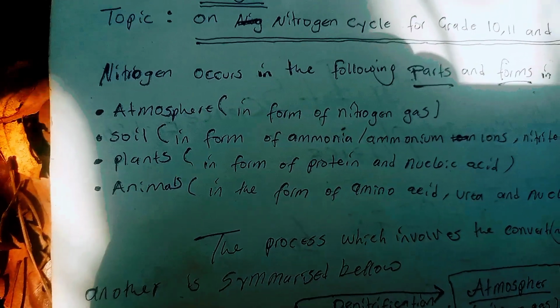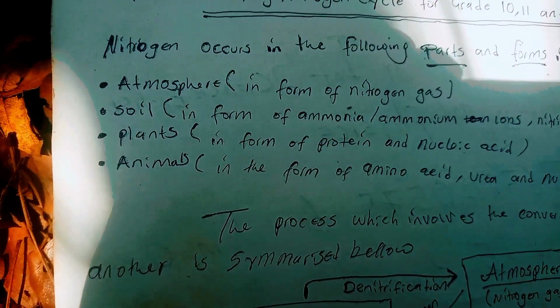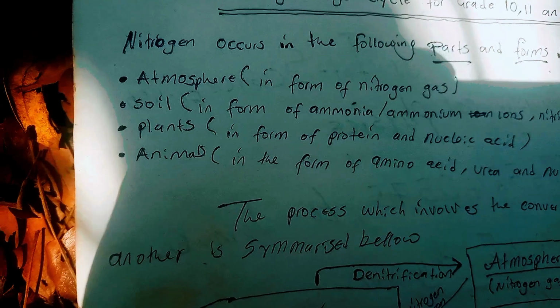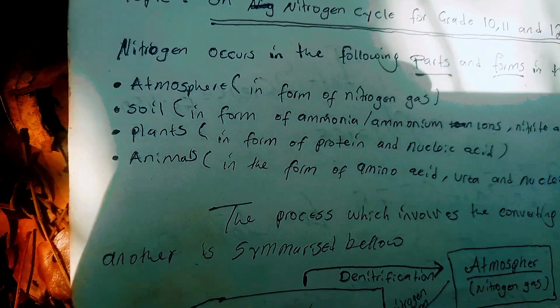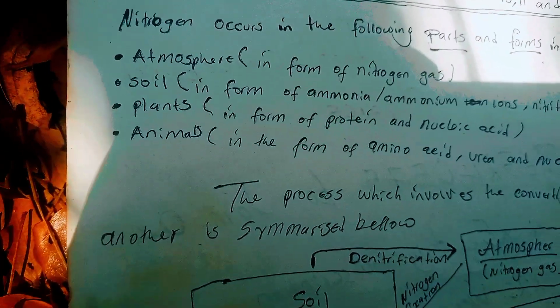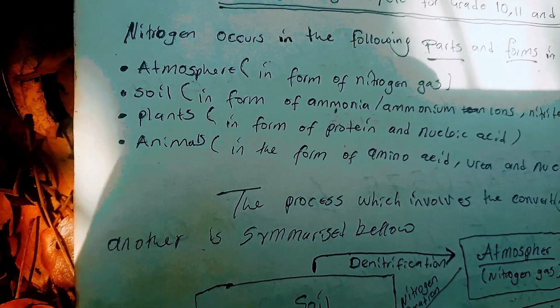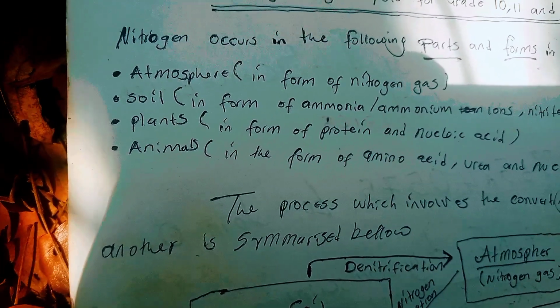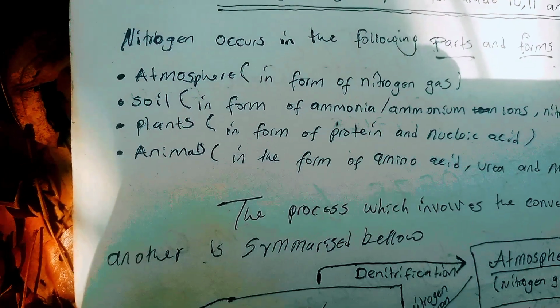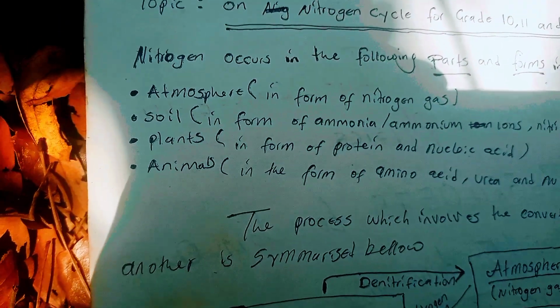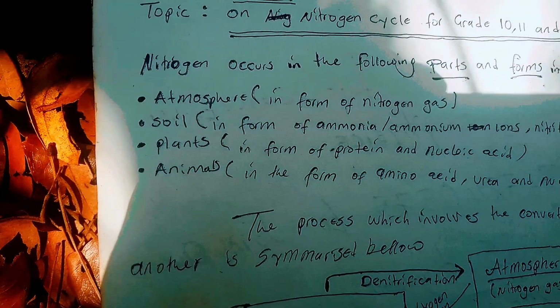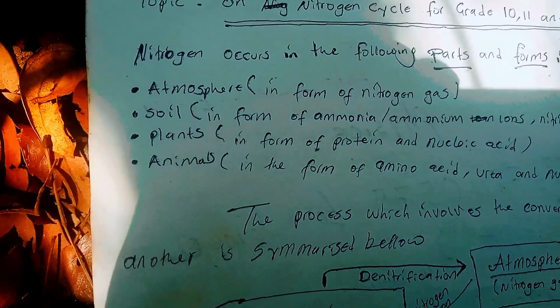I have explained nitrification, the process by which ammonia is oxidized to form nitrite, with the help of the bacteria, and then nitrite is oxidized to form nitrate.